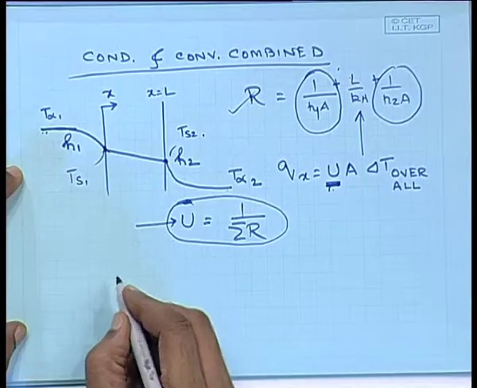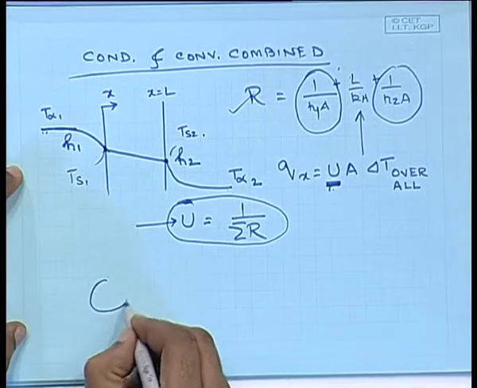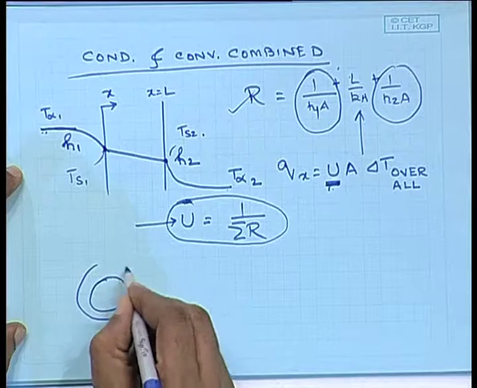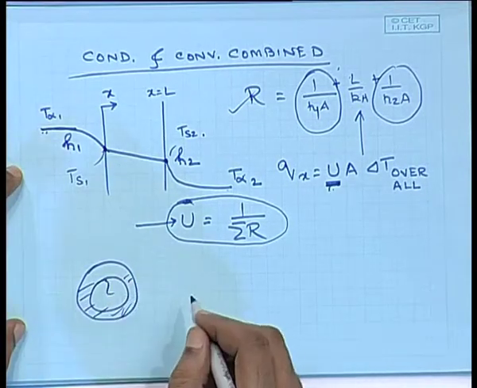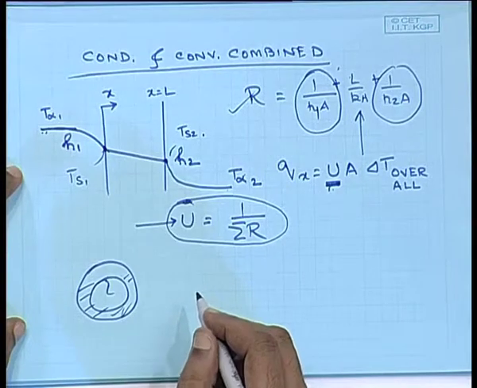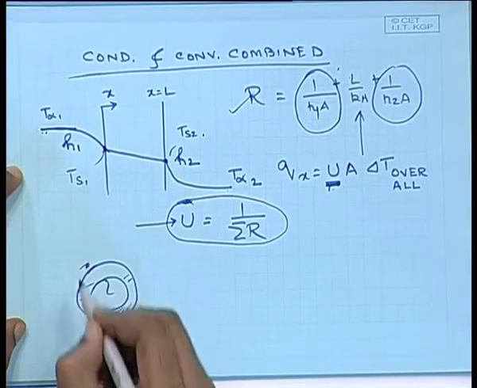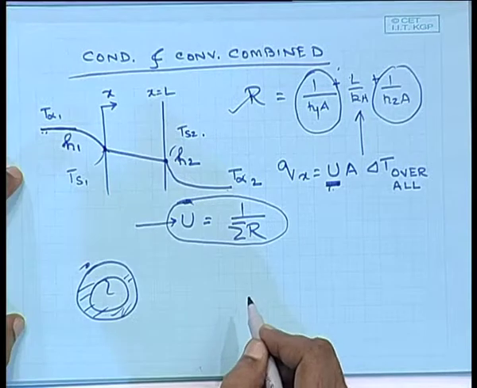Now, let us think of a situation in which I have this, let us say this is the pipe. Over here I have some convective resistance, here also I have some convection resistance.